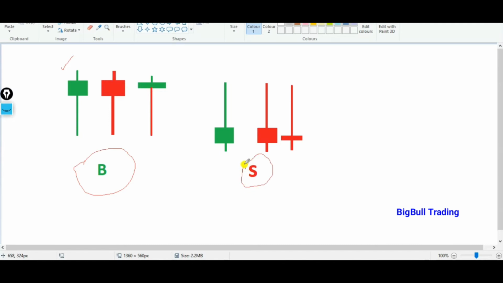And for the sell, the same thing, but in the opposite direction. You don't have to memorize the names, you only memorize this pattern. This pattern is very important. For buying, these 3 patterns we will use, and for selling we will use these 3 patterns. So now we will go to the chart and explain this strategy.